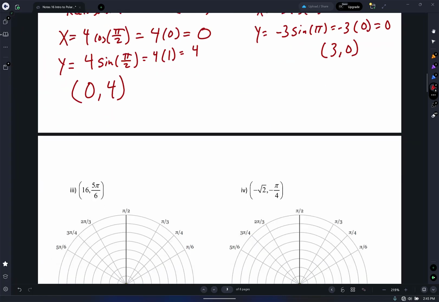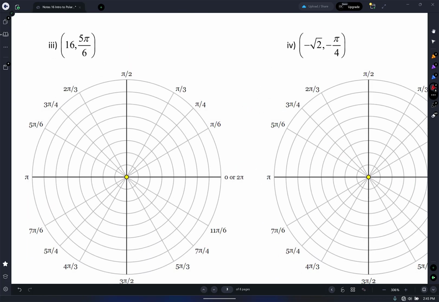Let's do harder ones. Go to the next page. Don't worry, they're not even that extreme, guys. I know it says my r is 16. I'm going to make this scale by 4. This is a 4, this is an 8, this is a 12, this is a 16. So first I look at the angle, 5 pi over 6.